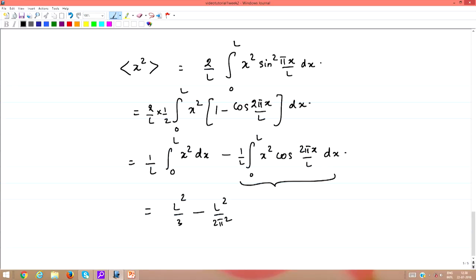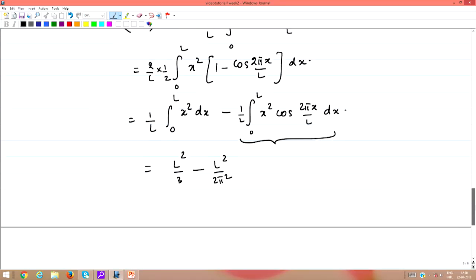Therefore, the delta x value that you want to calculate. So, let us highlight these two things. This is the average value of x square, and the square of the average value of x is L square by 4.